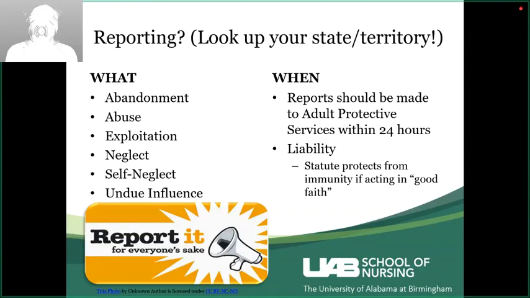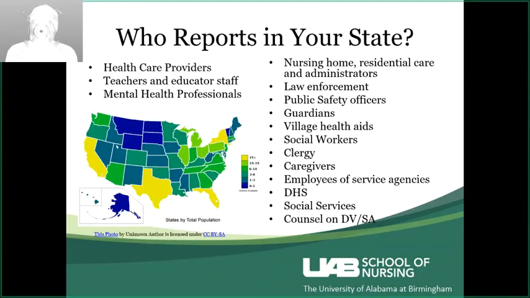Obviously, reports 24/7. Most states have protections of immunity if you're acting in good faith to protect that older person. So who reports in your state? In the states that I've lived in, healthcare providers, teachers, mental health professionals. But guess what? Nursing home staff, law enforcement, public safety officers, guardians, the list goes on and on.